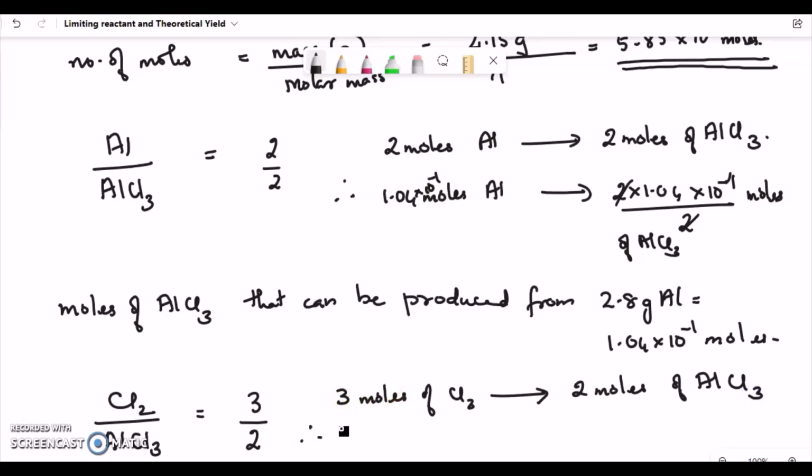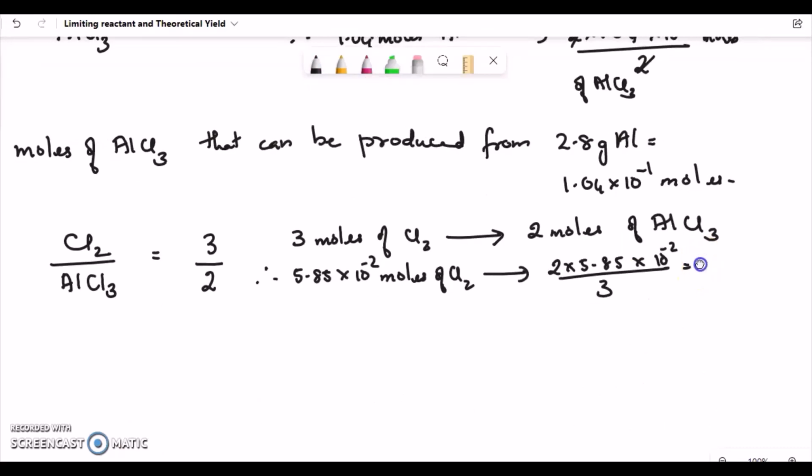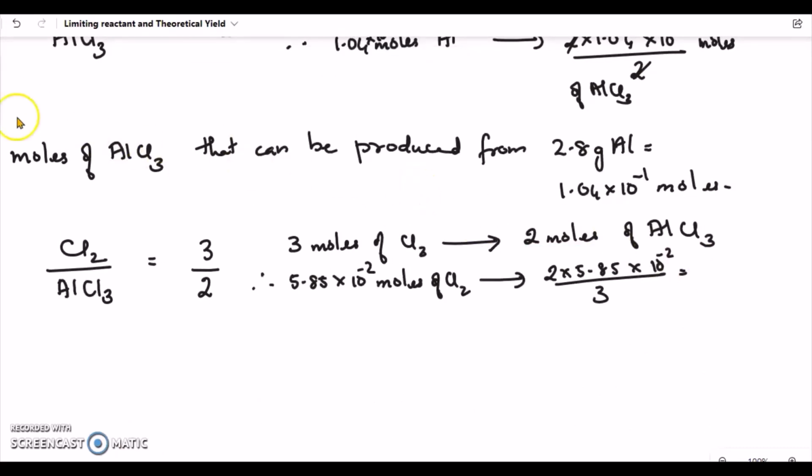Therefore, 5.85 times 10 raised to minus 2 moles of chlorine will produce how many moles of aluminium chloride? That will be 2 times 5.85 times 10 raised to minus 2 divided by 3, which is equal to 3.92 times 10 raised to minus 2 moles.